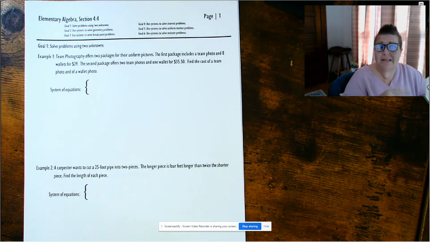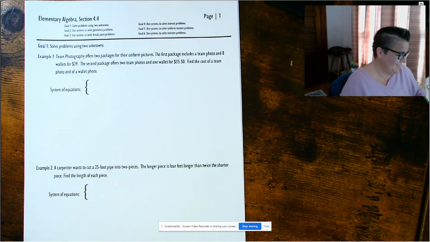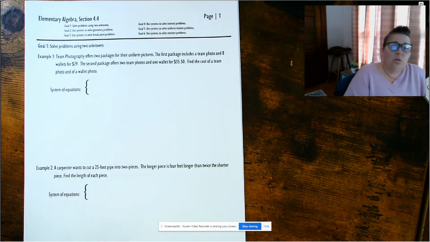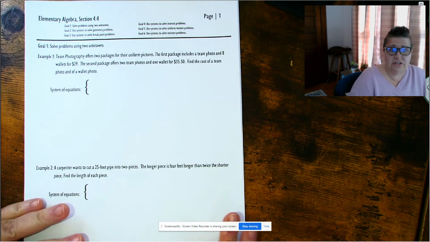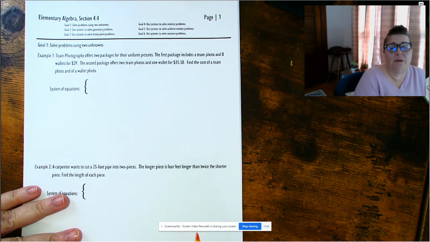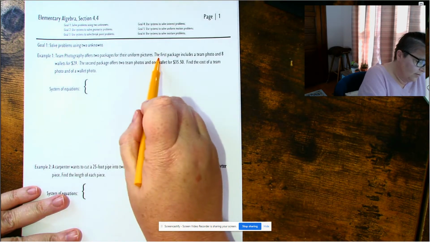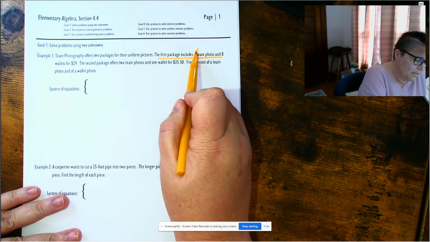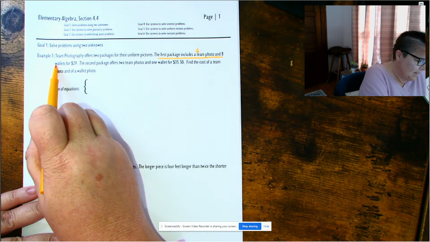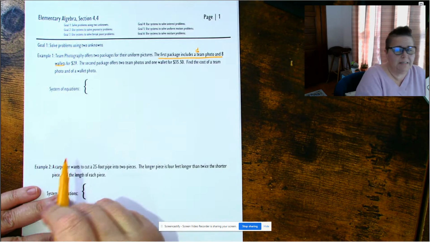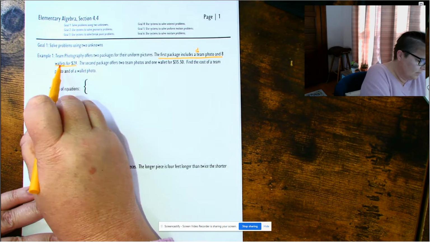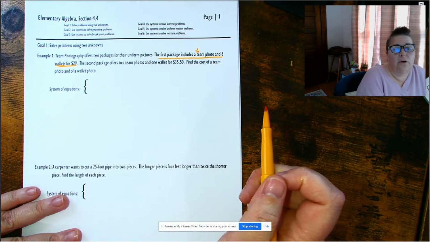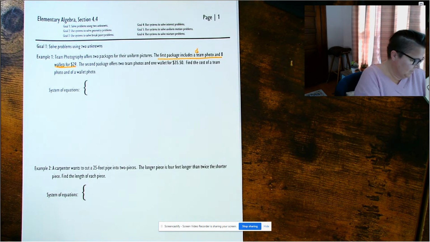All right, notice we don't have the equations. We are going to need to write the equations ourselves. We're going to get those translations from within the problem. The first package includes a team photo, so that's 1 team photo and 8 wallets for $29. So the cost here is $29.